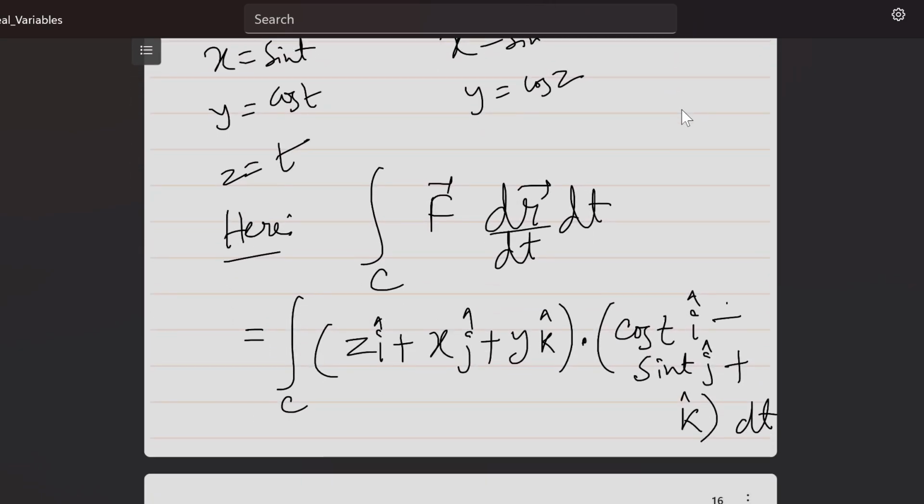Okay, so now I have to put in the value of t varying from 0 to 2 pi, as it is given in the question, and I have to put in the values of z, x and y. So z is t, plus x is sin t, and y is cos t, dot the same thing I'm writing.